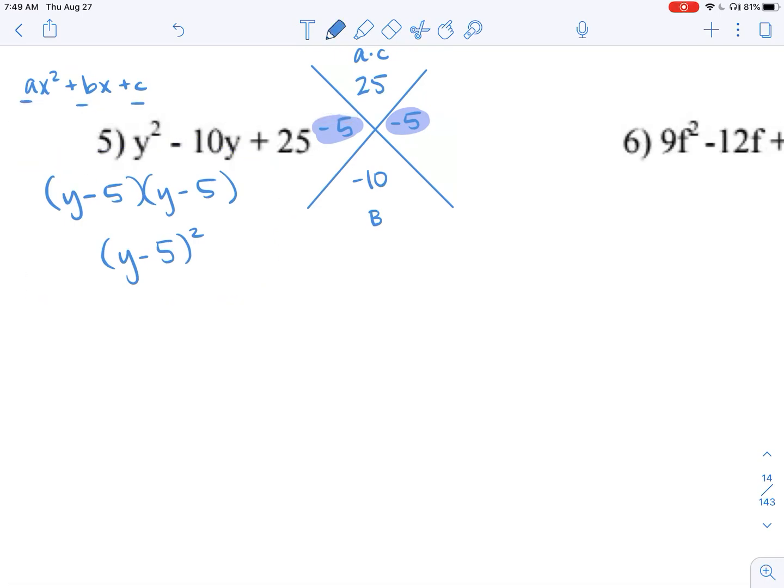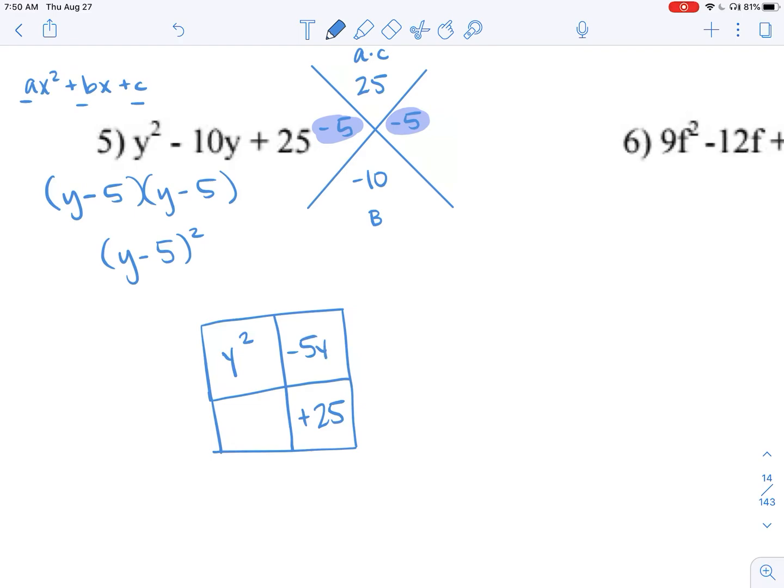Another way you can use this setup is to use those 5s to separate it out into a box. We're going to take our first term, y squared, our last term, positive 25, and that negative 5 is telling us how to split the middle: minus 5y minus 5y.